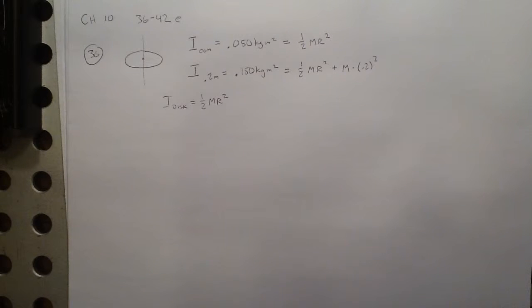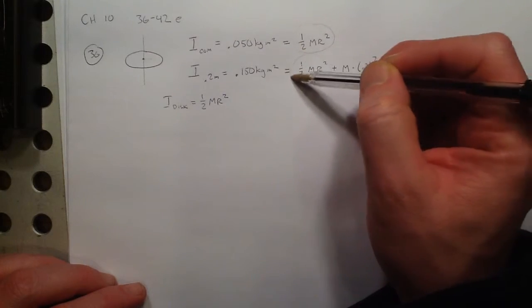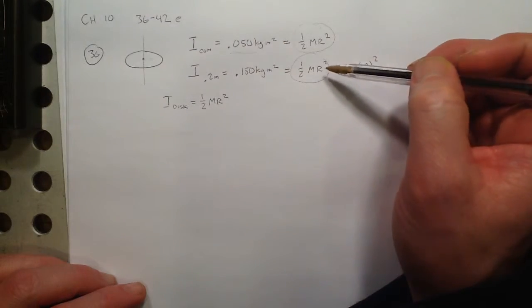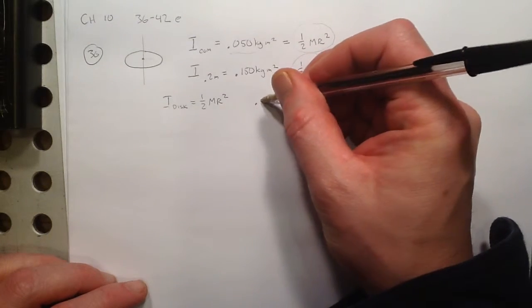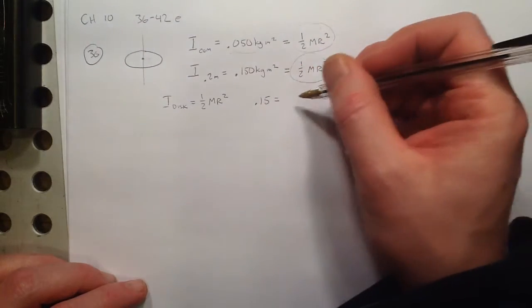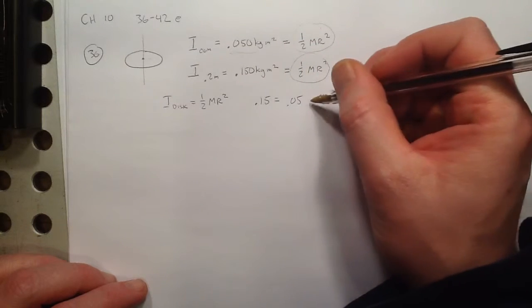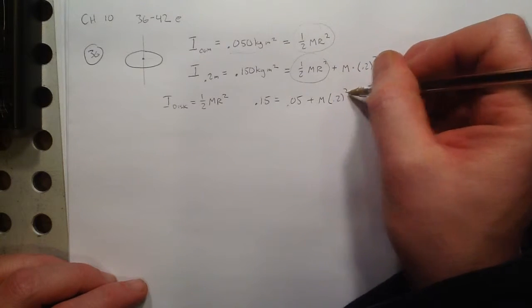And since we have values for these two, I think we should be able to solve for the mass. In fact, the easiest way would be to recognize that this expression here is equal to 0.05 kilogram meters squared, so I can just substitute that here. Making that substitution, I have 0.15 is equal to 0.05 plus the mass times 0.2 squared, and there we go.